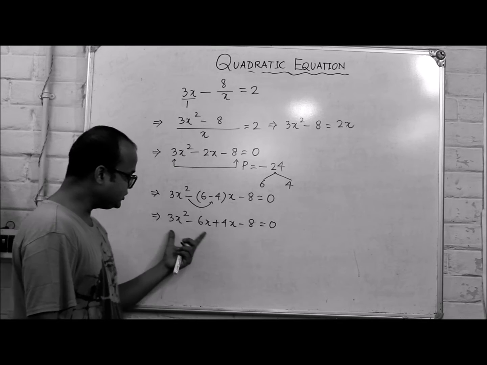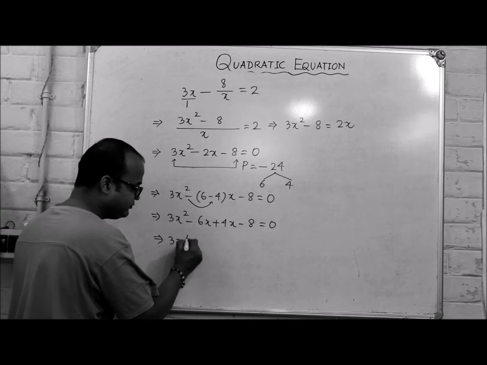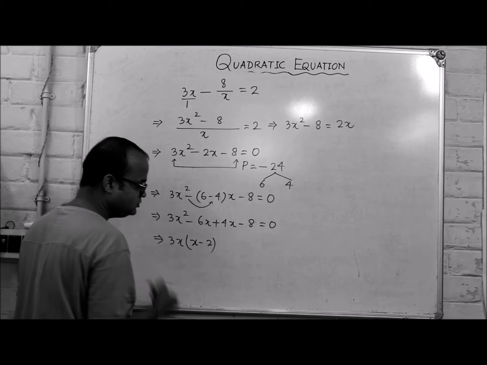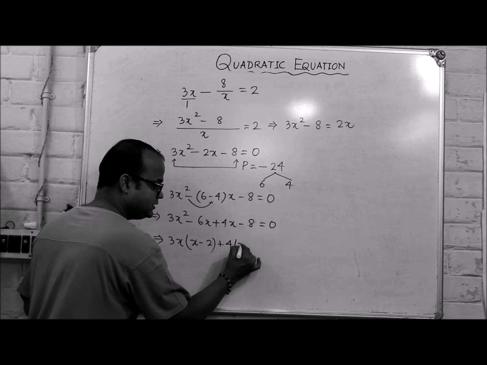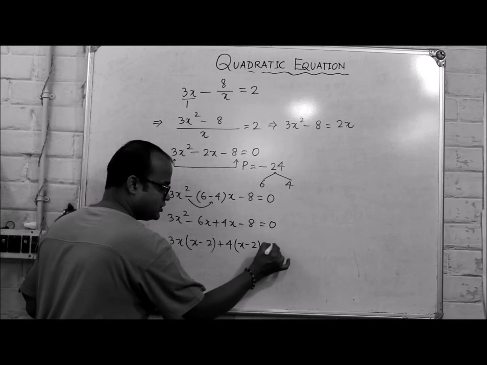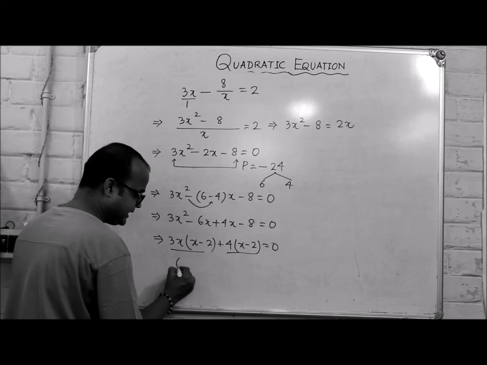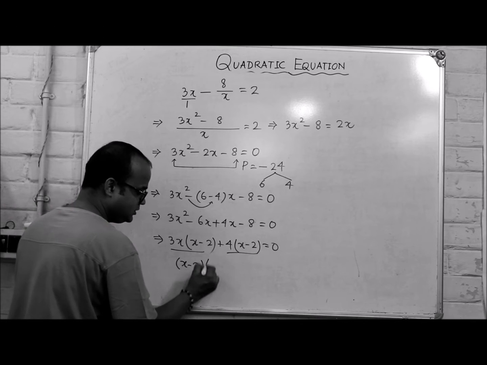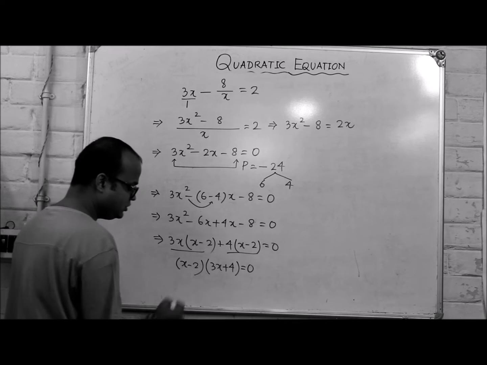So from the first two parts, we'll take 3x common, that will leave x minus 2, and from the last two parts, we'll take 4 common, that will leave x minus 2 is equal to 0. From these two, we can take x minus 2 common, 3x plus 4 is equal to 0.